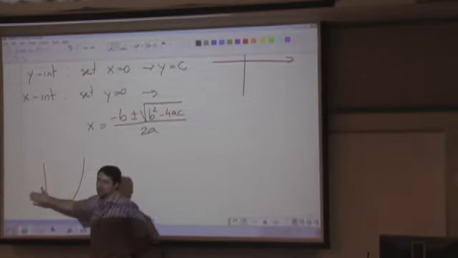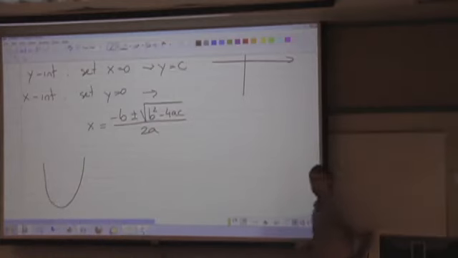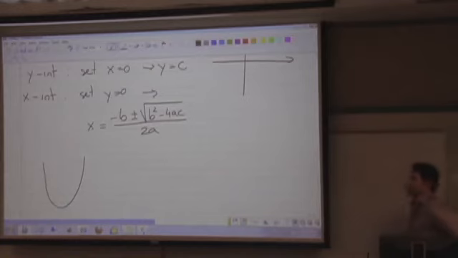There's nothing else, which means you get 0, 1, or 2 x-intercepts. So a 5th order polynomial would have how many possible x-intercepts? 5. Does that make sense?